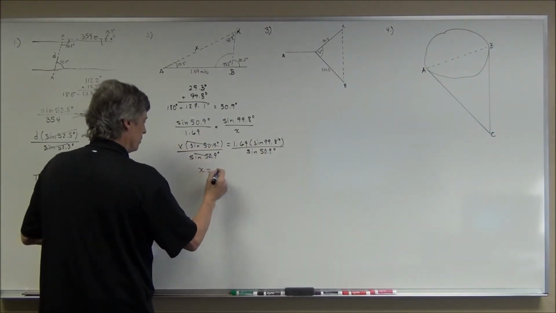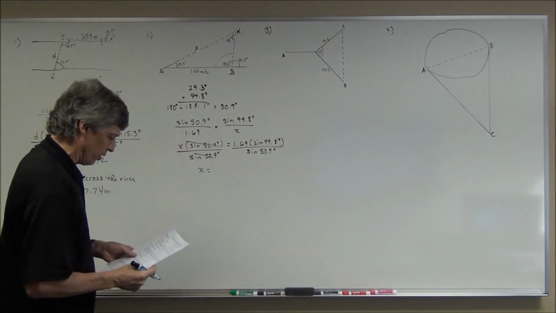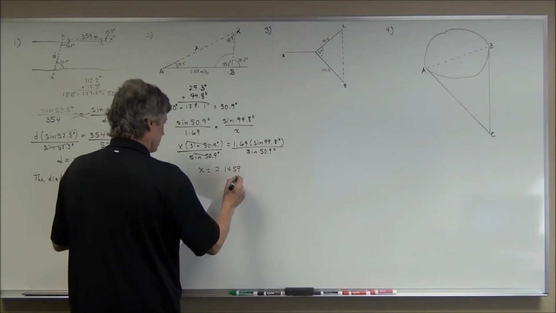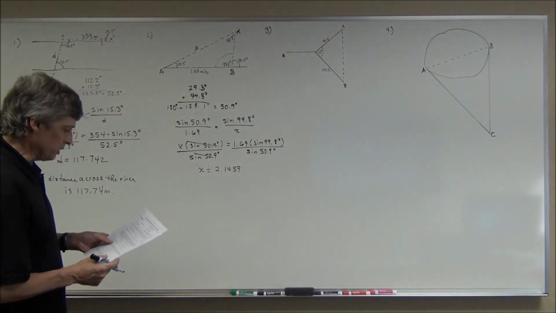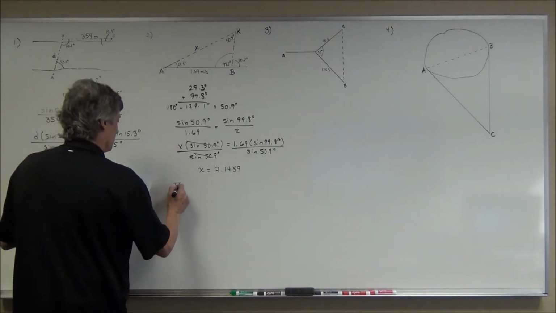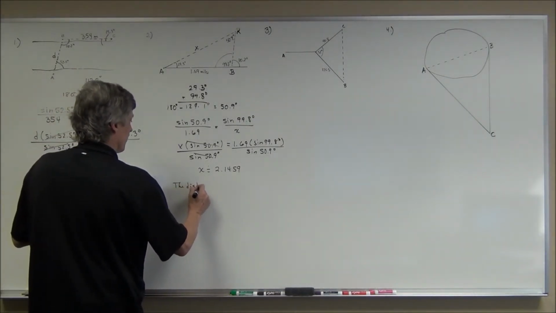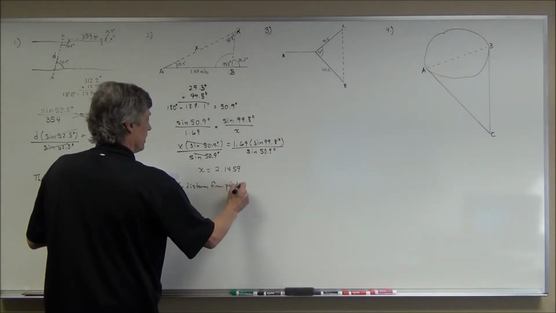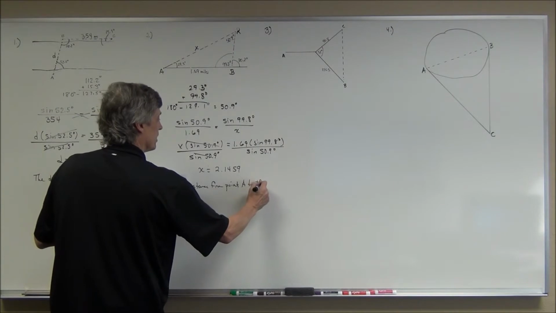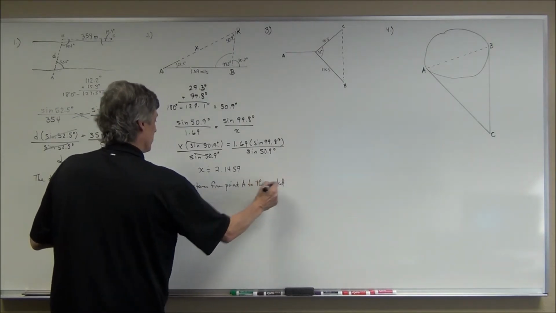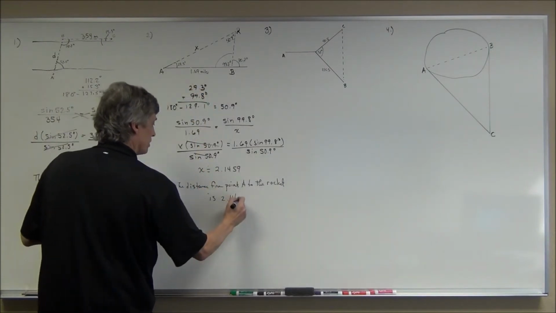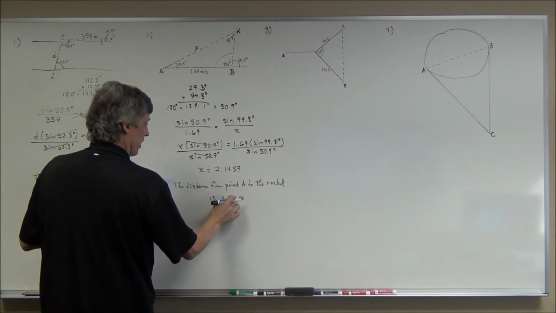And I get x is equal to, and again, I got my calculator out earlier, and I got this to be about 2.1459. So I rounded it to 2 decimal places, and I said that the distance from point A to the rocket is 2.14 miles. Actually 2.15 miles.